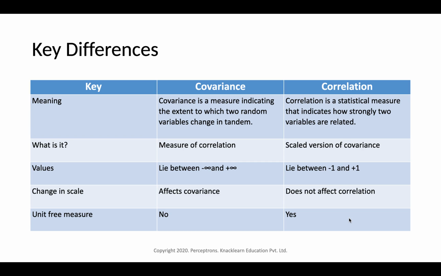Also, if you look at unit-free measures, covariance is not a unit-free measure. If all the variables are of different units which are related in some way, like gram and kilogram, then it is going to affect covariance a lot. So covariance is not a unit-free measure, while correlation is a unit-free measure.